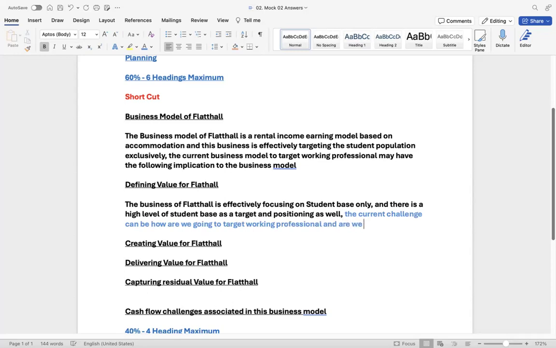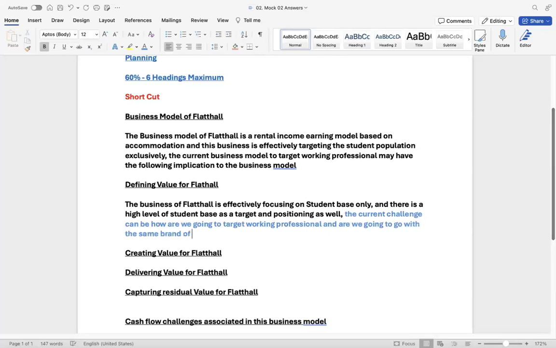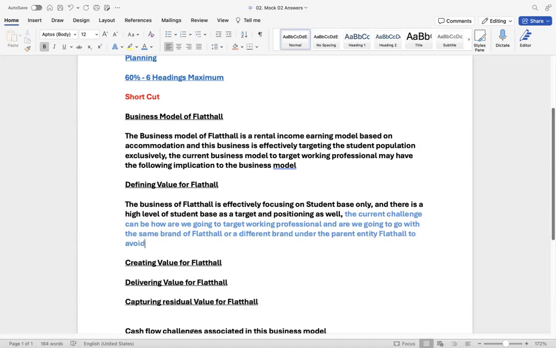And are we going to go with the same brand of FlattHall, or a different brand under the parent entity FlattHall, to avoid confusion? Now I am not giving a recommendation. I am just giving a suggestion.